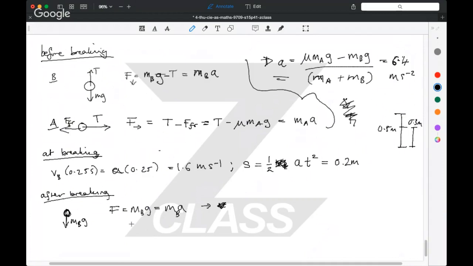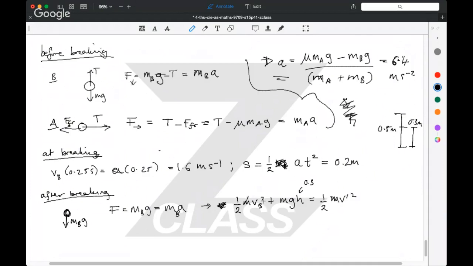Now for the last bit of the question, we can use conservation of energy. At the point that it broke, it had 1/2 mv squared kinetic energy, and it also had mgh potential energy, where h is 0.3. Now this must be equal to its total energy when it hits the ground, which is all kinetic because at the ground there's no more potential energy: 1/2 mv prime squared.